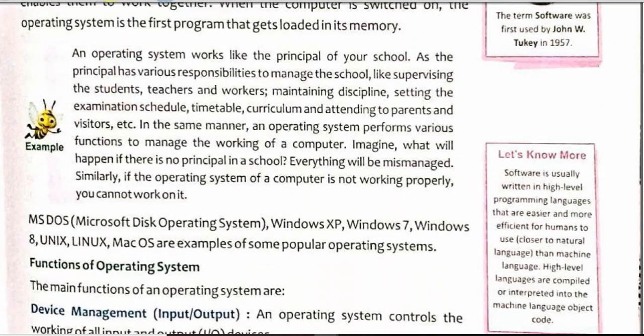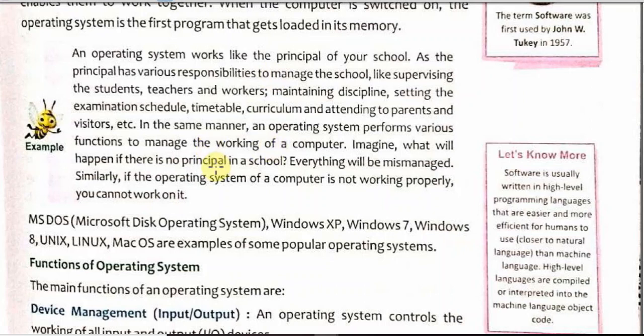An operating system works like the principal of your school. As a principal has various responsibilities to manage the school, like supervising the students, teachers, working staff, maintaining the discipline, in a similar manner, an operating system performs various functions to manage the working of computer.